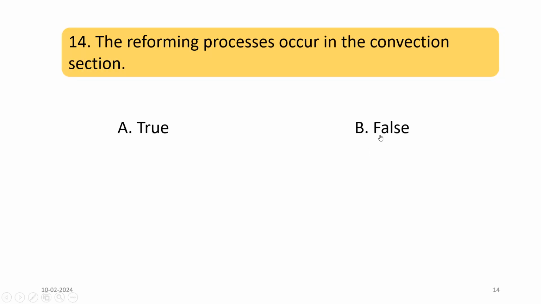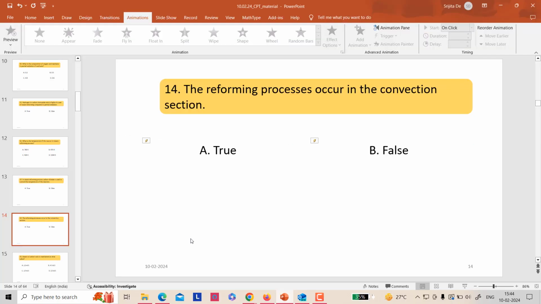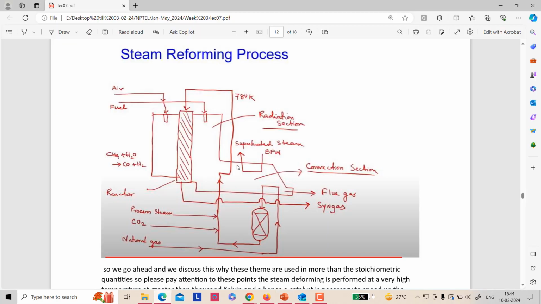Right, it is the false reaction, because this is the convection zone and this is the radiation zone. In the convection zone, heat is supplied from the exothermic reactions to create the superheated steam or the flue gas.